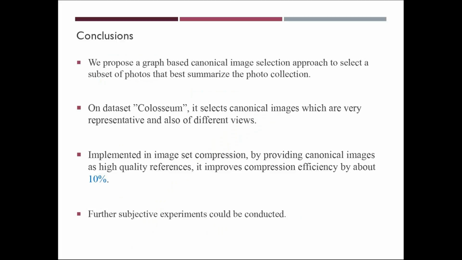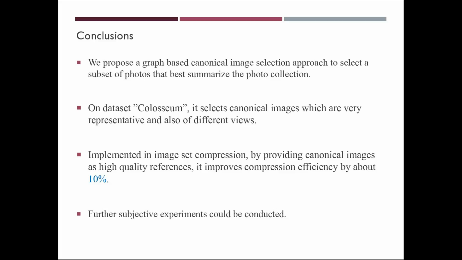Finally, let's come to the conclusion part. In this presentation, we propose a graph-based canonical image selection approach to select the subset of photos that best summarize the photo collection. And on the dataset Colosseum, it selects canonical images which are very representative and also of different views. And we also implement the image set compression.